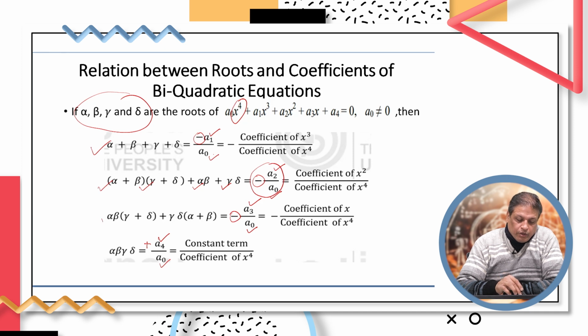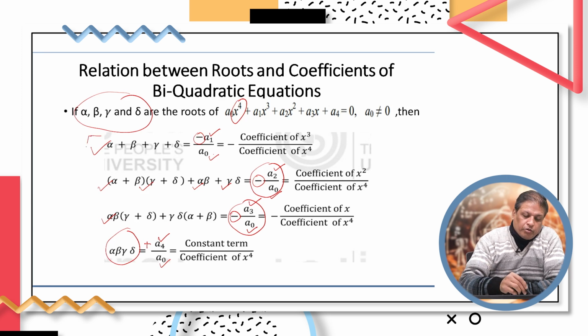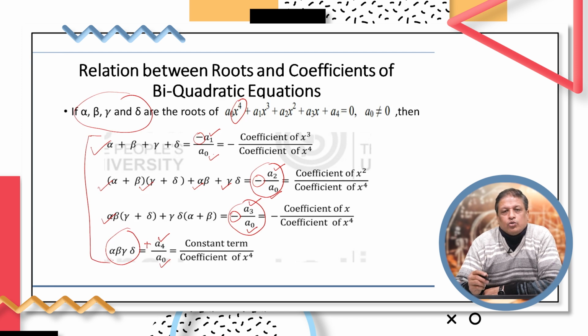Similarly, you can go for alpha beta into gamma plus delta, gamma delta into alpha plus beta, that is minus of a3 upon a naught, and alpha beta gamma delta, that is the product of all 4 roots, is a4 upon a naught. So, I hope you understood how to remember what the formula should be.